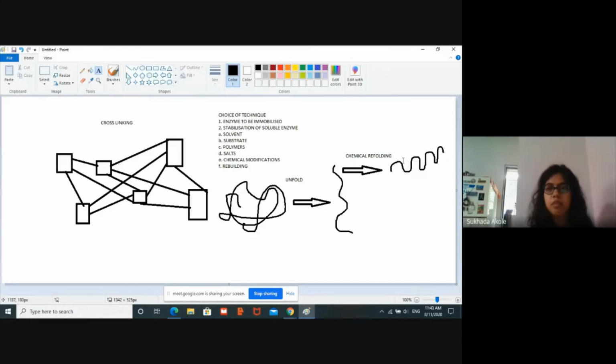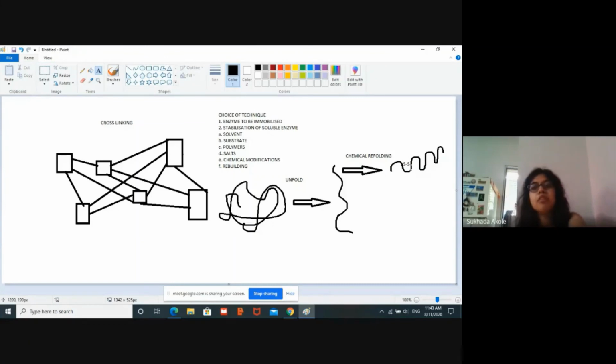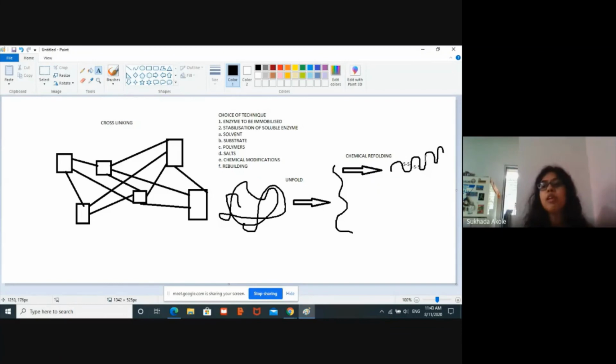Like for example, here I can form a sulfur-sulfur bond like this. What my sulfur-sulfur is doing is getting the molecule closer. I can add some more sulfur here, such that now I have refolded the molecule. So where it was earlier open, it is now bound into this shape using sulfur. So we call it chemical refolding. Okay.